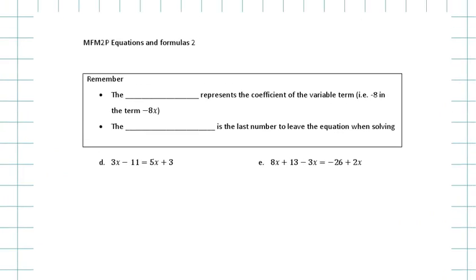It's just saying the same thing that I already said. You're looking at the number, which is right here, and that's called the coefficient. I've said that so many times that you should know that by now. That is called the coefficient, and the coefficient of the term is the last thing to leave the equation.